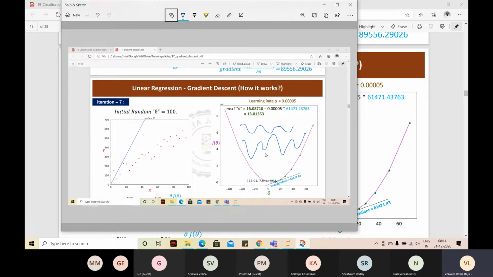If it goes like that, this is a minimum, this is a minimum, and anywhere it may get stuck. But this is the best one. If you run the algorithm 10 times, you may get 10 different results, because there are many minima.